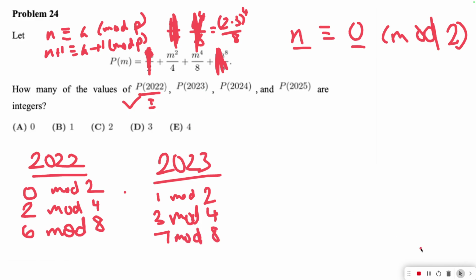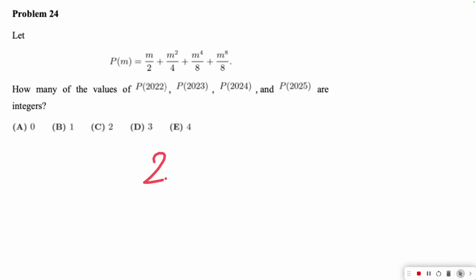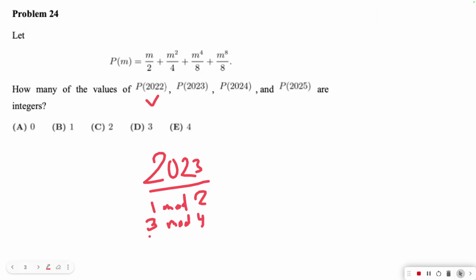Okay, so here, sorry, I have to clear this. We know that this works. So 1 mod 2, 3 mod 4, and then 7.